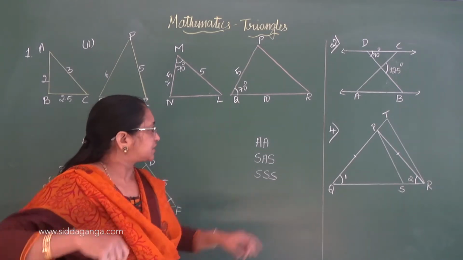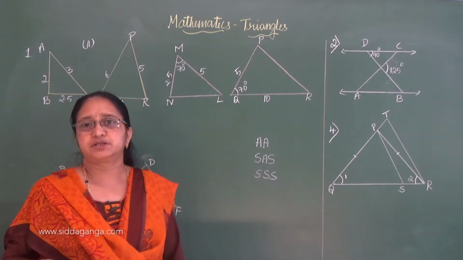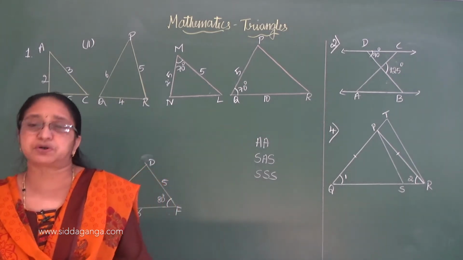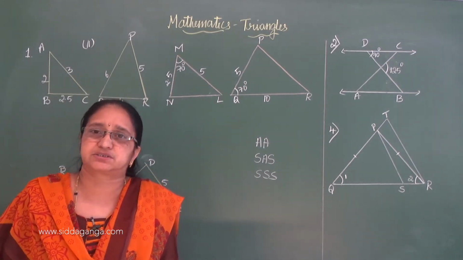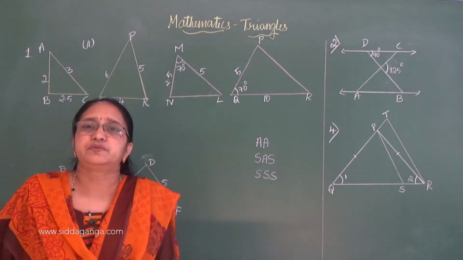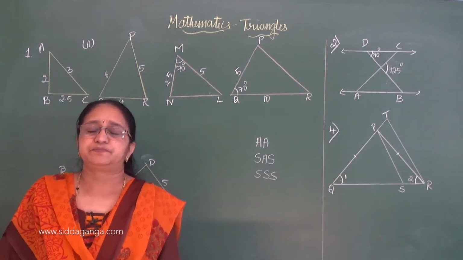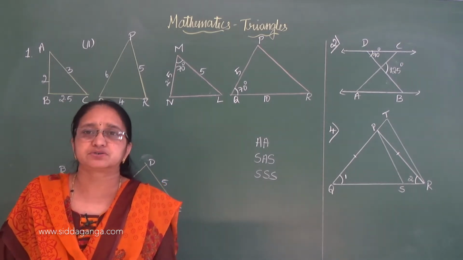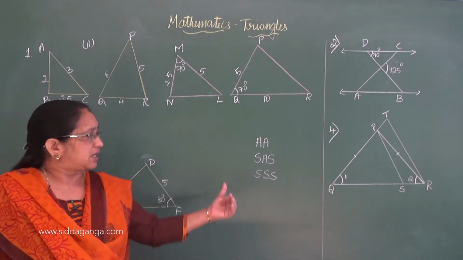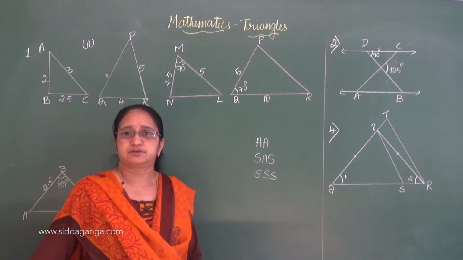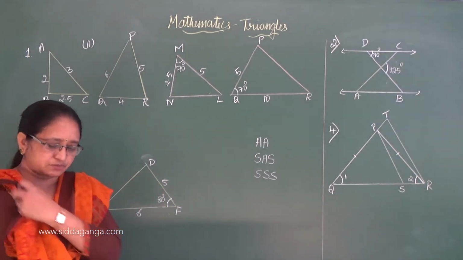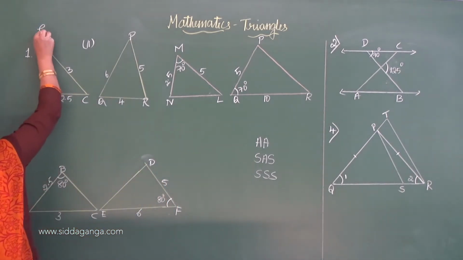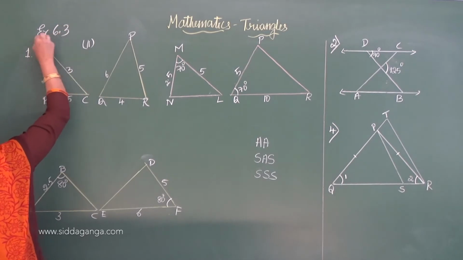So we can check only these three, then definitely by corresponding sides of similar triangles, as you have done in congruent triangles with CPCT, the same way here also we can consider the other elements are equal. Okay. Now let us try to work out this exercise 6.3.